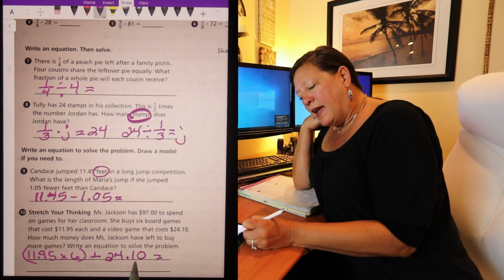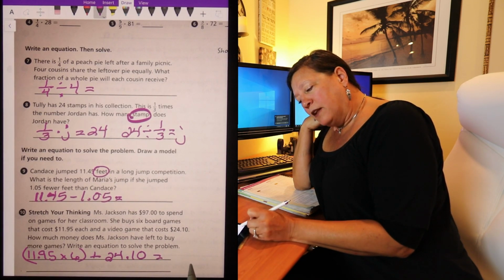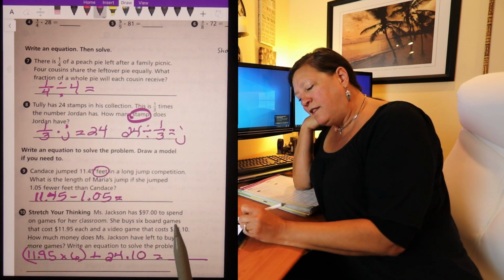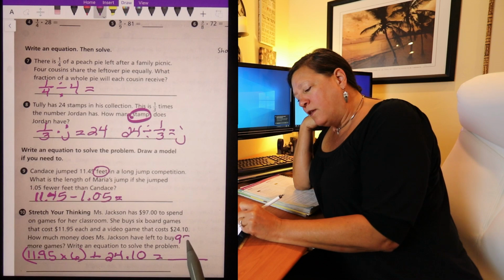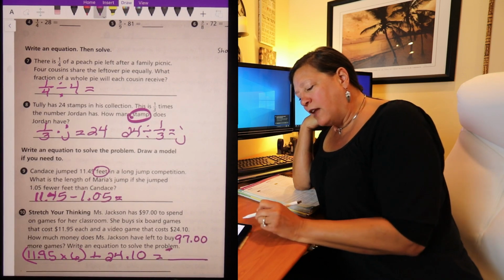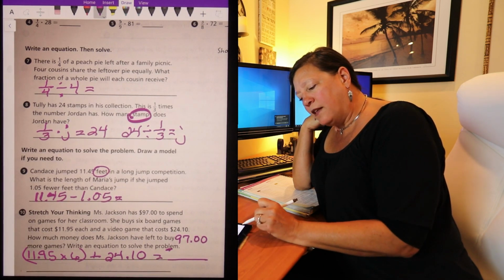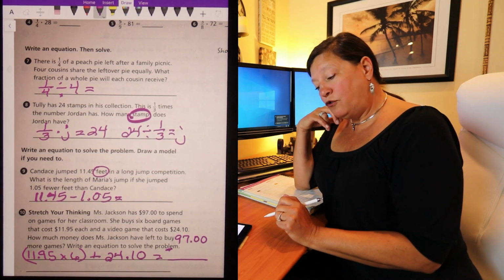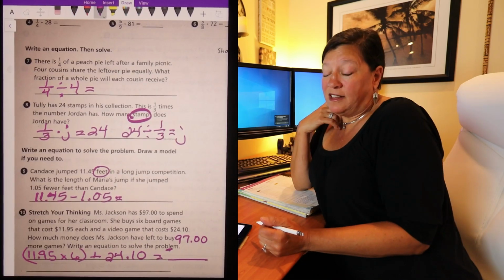So you multiply, add, and figure out how much money that's going to cost. She started with $97. So you're going to take that $97, subtract this total cost to get how much money they have left over to buy more games, if there is any left over.